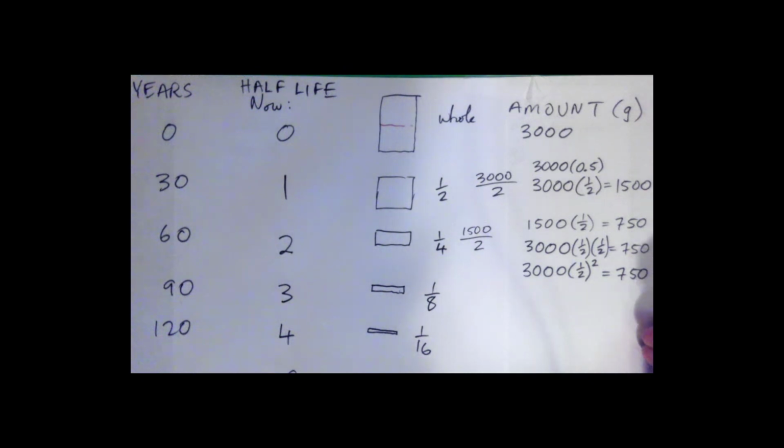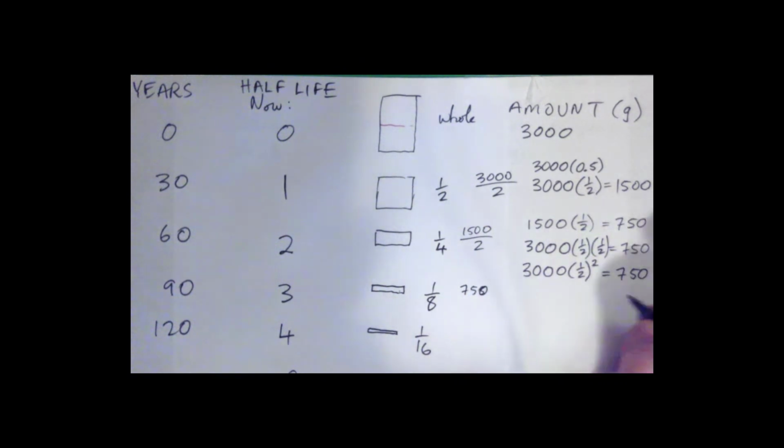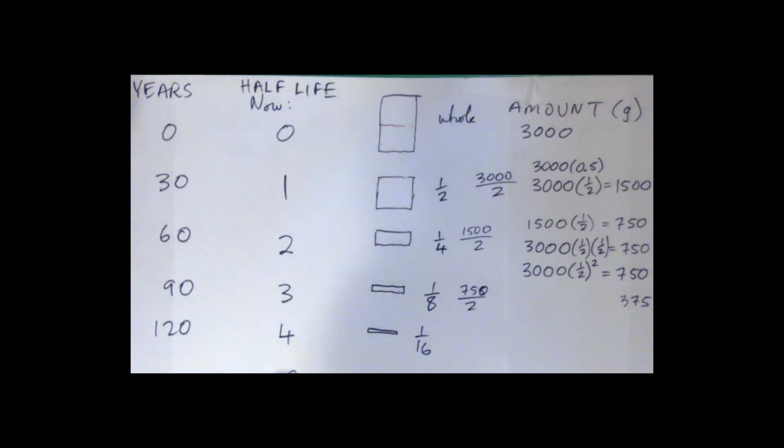Good, yeah. 3, it should be 375, because you take the previous amount, 750 grams divided by 2, and it should be 375 grams. So we know that, that's good.